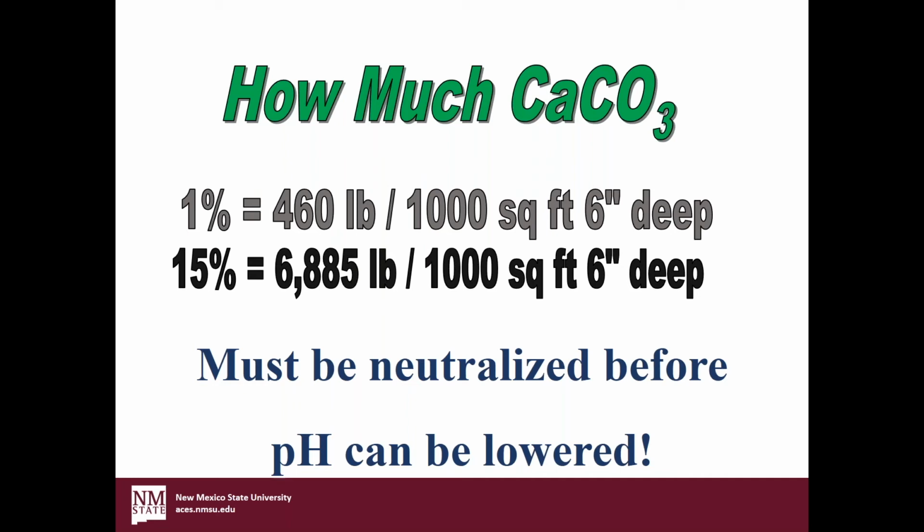If you really wanted to change that 1%, it's really not going to be too much of an issue. But once you get into these higher calcareous soils, it's a problem because once you start to neutralize it, you're going to have issues with salts. That can be managed, but remember that a lot of our waters have calcium carbonate in them, so we're adding it as well.